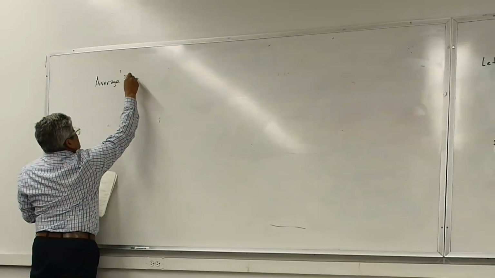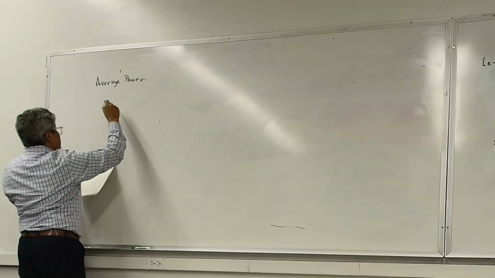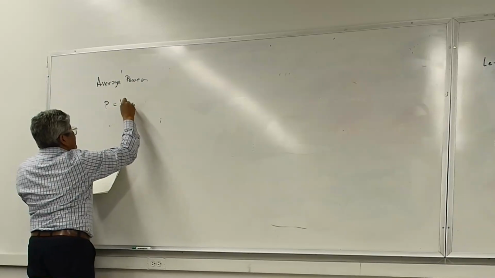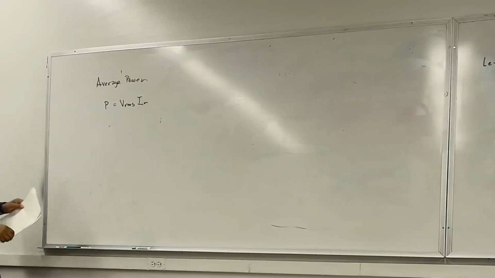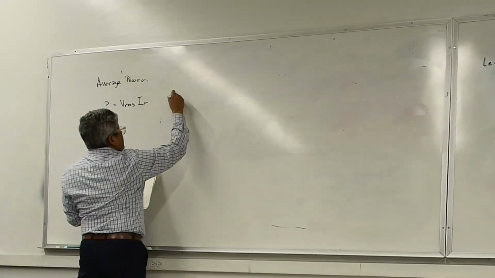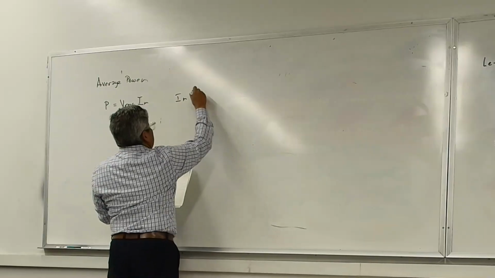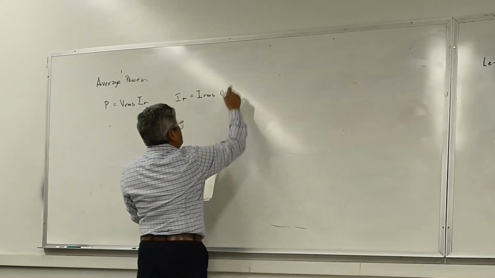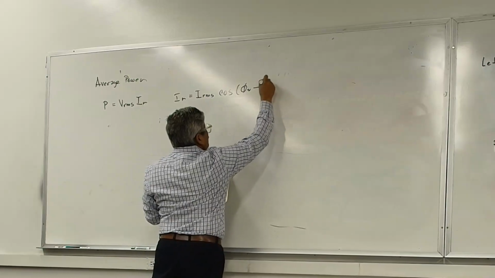So average power, out of that equation, by the way, is P equals V RMS times IR, and I define IR there. So I said that IR is equal to IRMS times the cosine of the angle of the voltage minus the angle of the current.